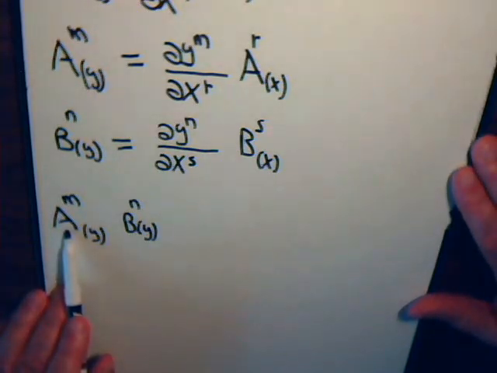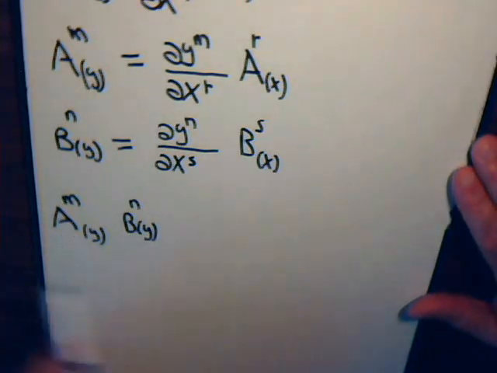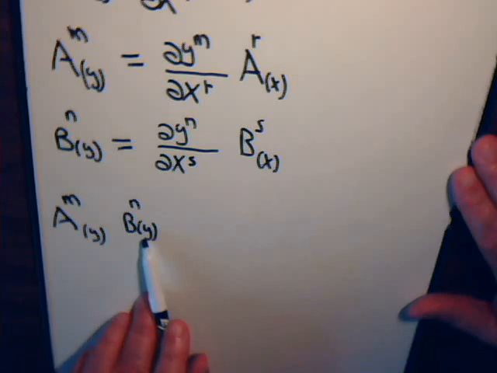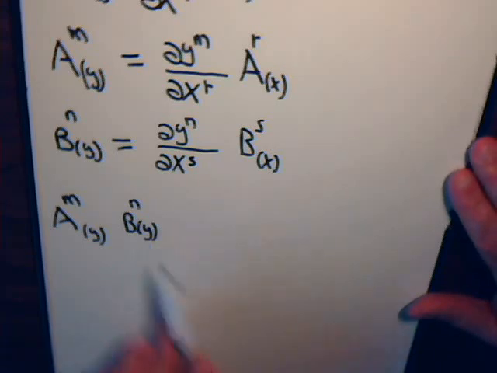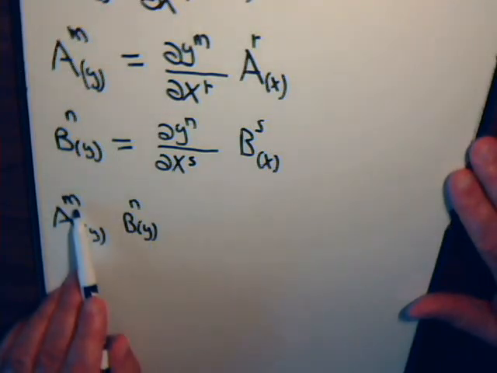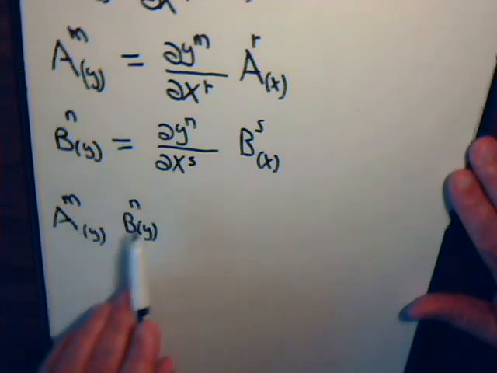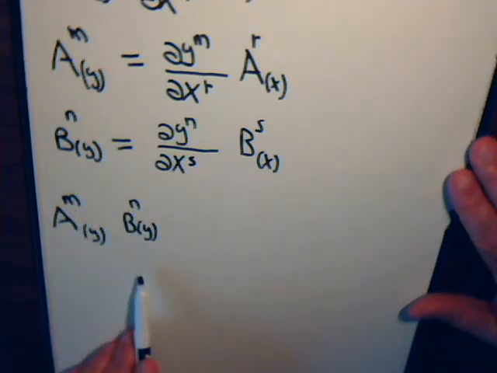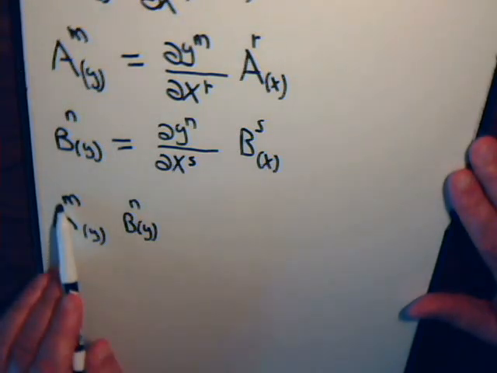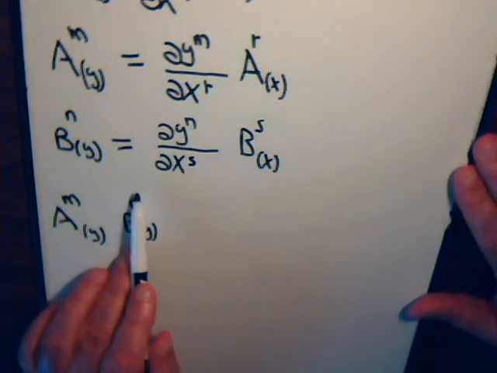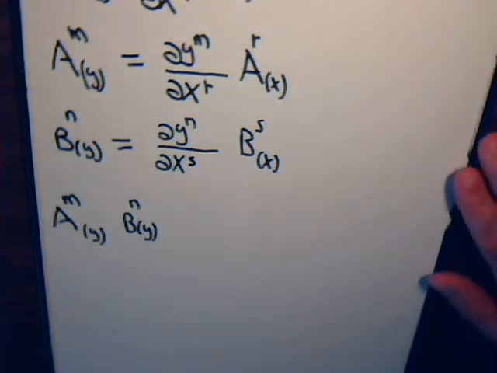This vector has d number of components. This vector has d number of components. We can take any component from this vector and multiply it by all the d components that this vector has. Then take another component from this vector and multiply it by all those d components that that vector has, and do it for every single component here.